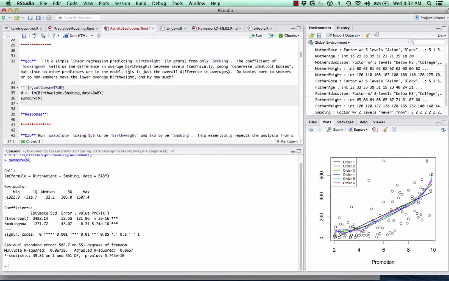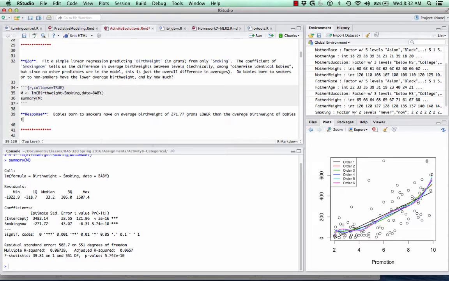So, do babies born to smokers or to non-smokers have the lower average birth weight, and by how much? Babies born to smokers, the smoking now level, have an average birth weight of 271.77 grams lower than the average birth weight of babies born to non-smokers.